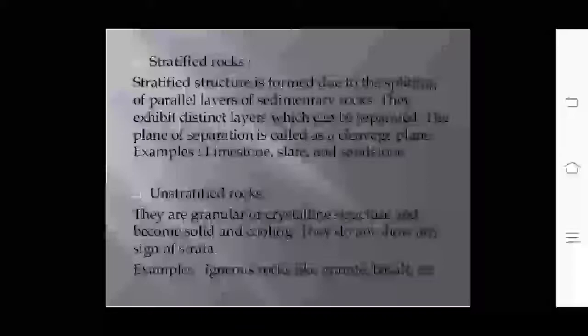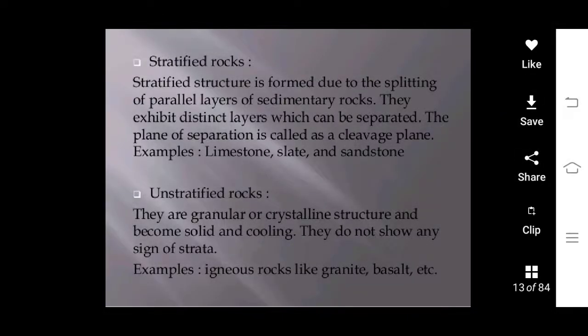Stratified rocks. Stratified rocks are formed due to the splitting of parallel layers of sedimentary rocks. They exhibit distinct layers which can be separated. The plane of separation is called the cleavage plane. Examples of stratified rocks are limestone, slate, and sandstone.